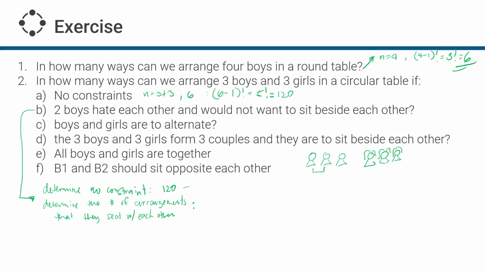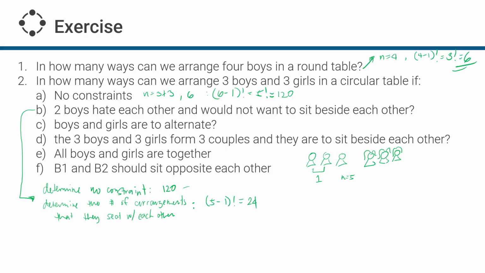Now to do that, we're going to be counting them together as one, and then everything will be for each other. So we have n equals 5 in total. To get that, we have 5 minus 1 factorial equals 24 arrangements where they will be sitting with each other.